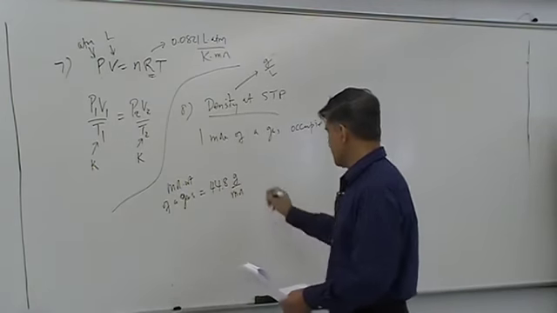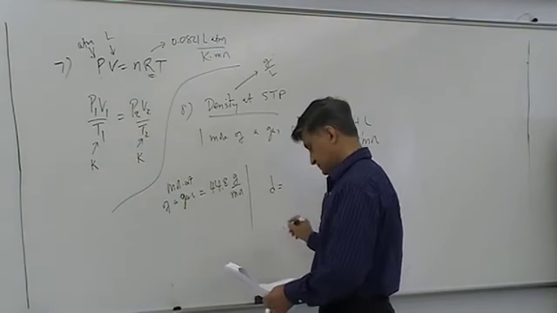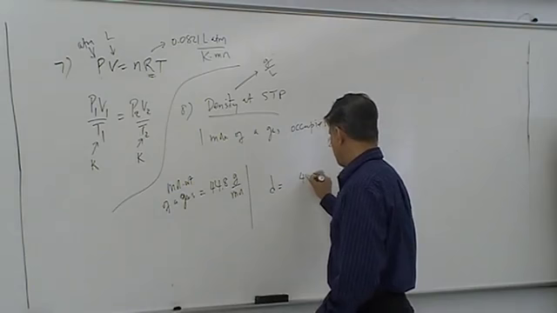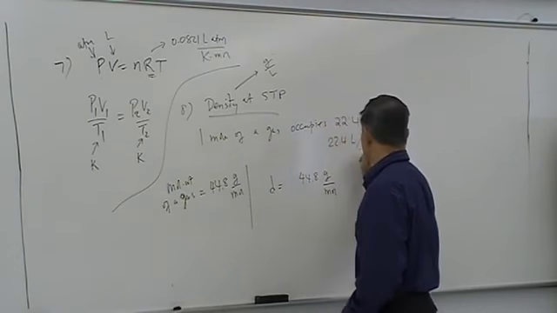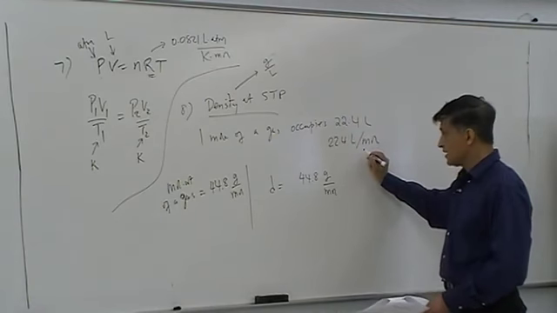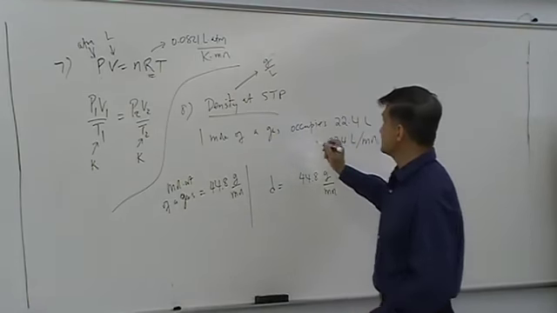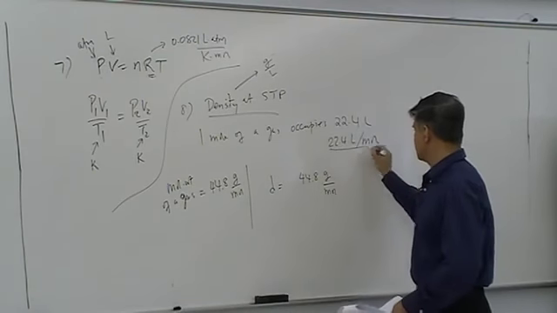So now we can write down density would be given by 44.8 gram per mole. Remember, I must have gram on the top and liter on the bottom to get density. So I can use this.